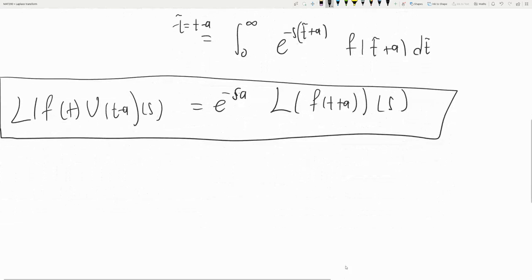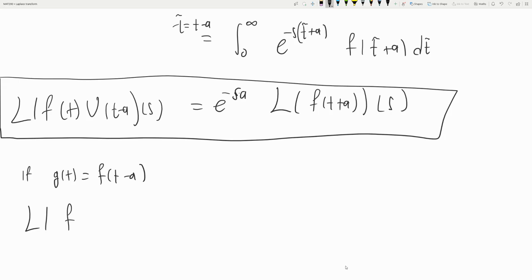A variation of this is if you let g of t equal f of t minus a. You get the following, right? You get t minus a. I might as well actually call it this. No, let me follow the notation.